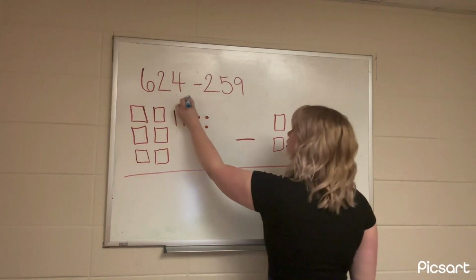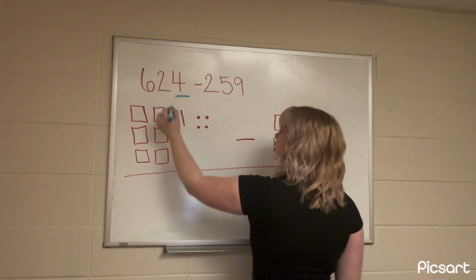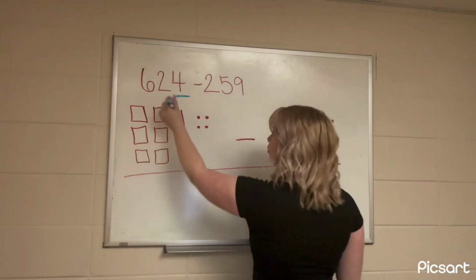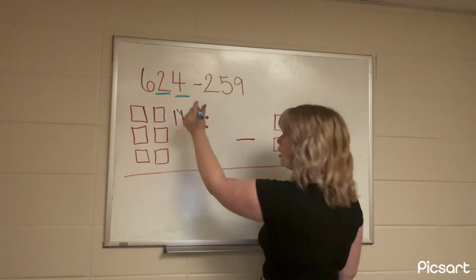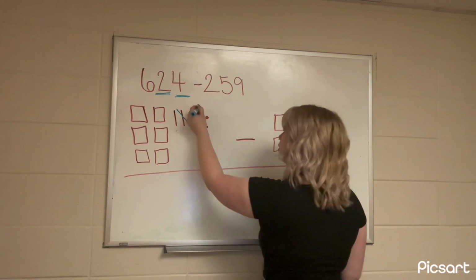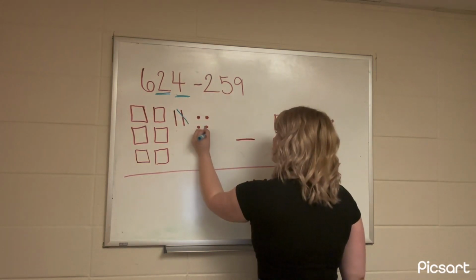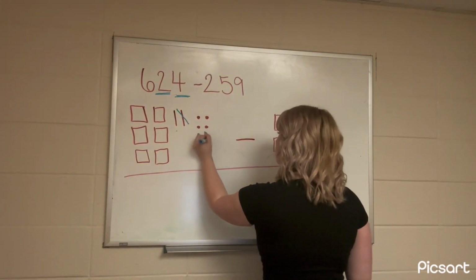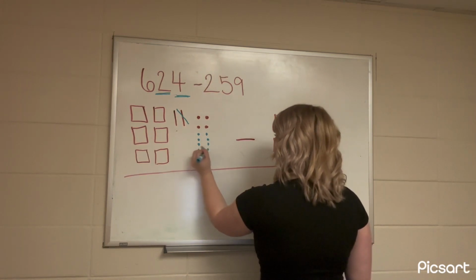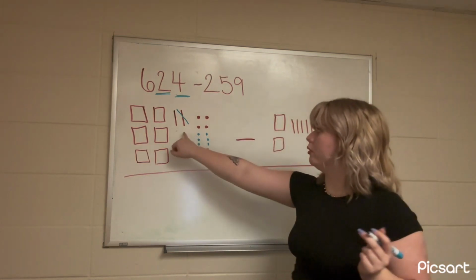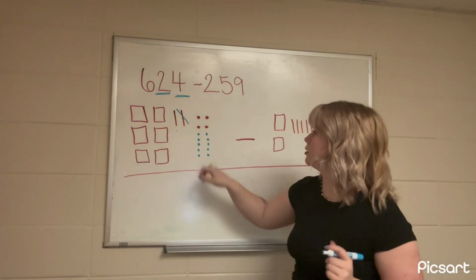So we take this 4 and we take a rod out of the 2. We take that rod and we add it onto our units. So we go ahead and add 1, 2, 3, 4, 5, 6, 7, 8, 9, 10. Because remember, the rod represents 10 units.